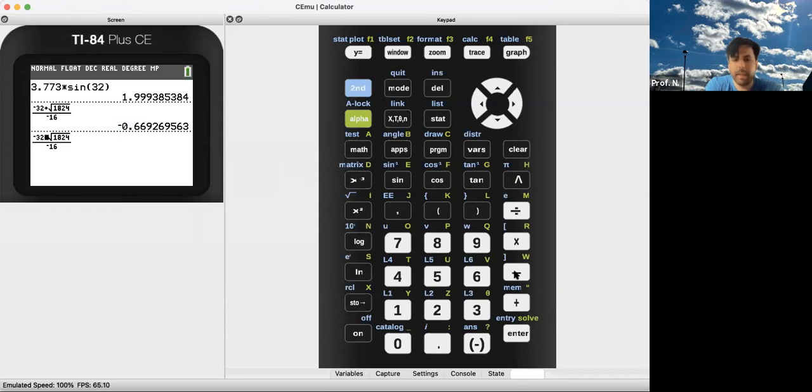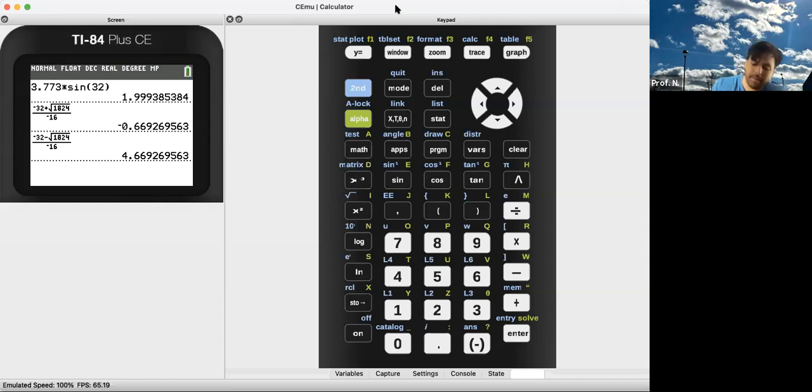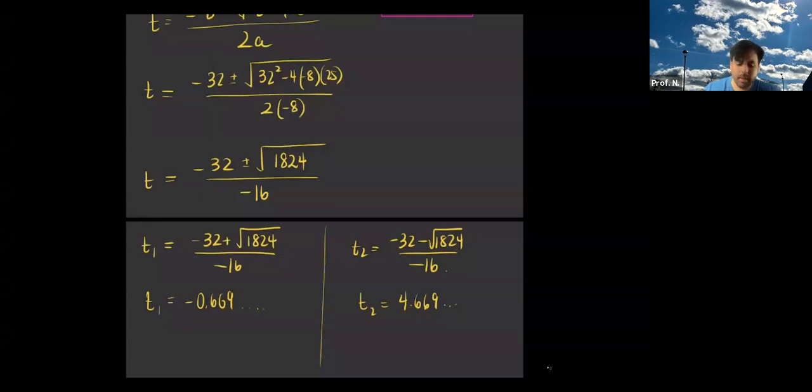Instead of a plus, this will be a minus sign. And when I press that, I get 4.669. So I get two values for t.